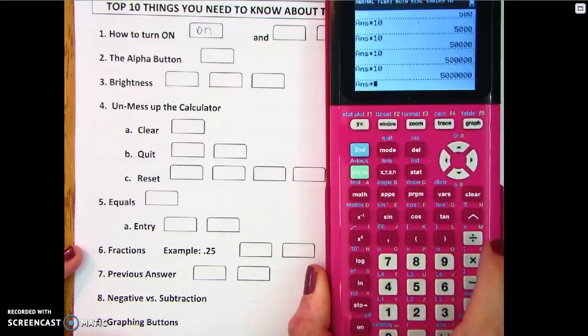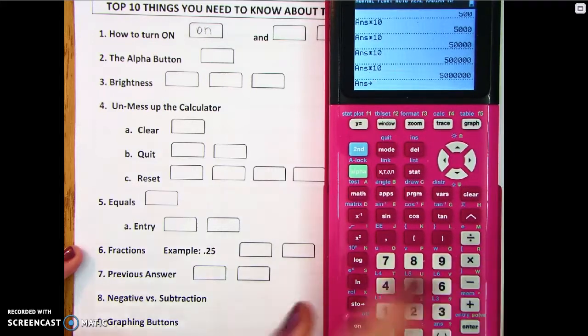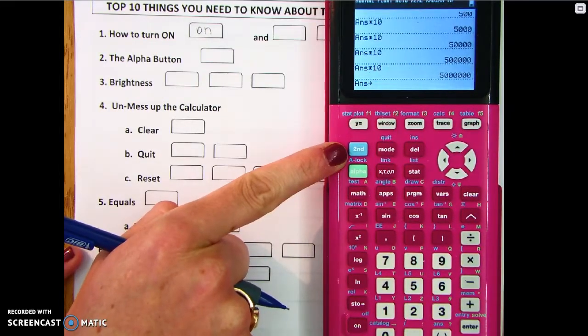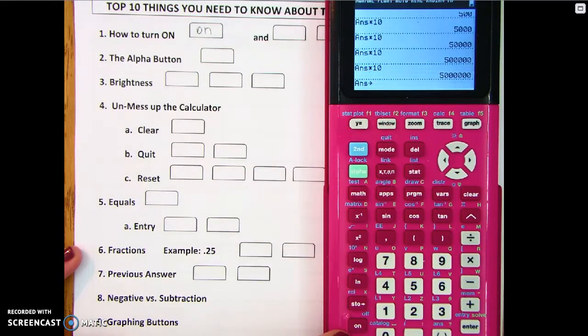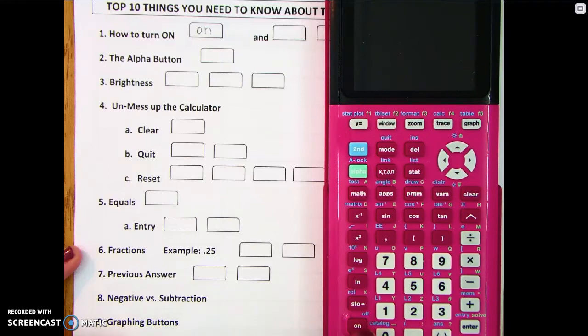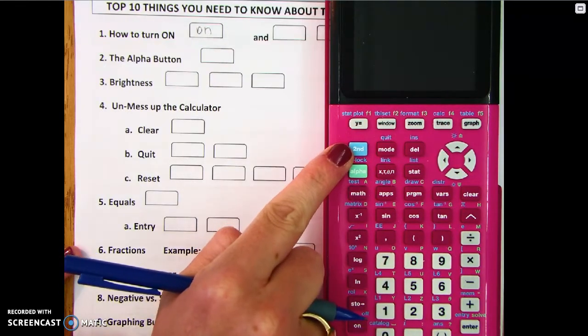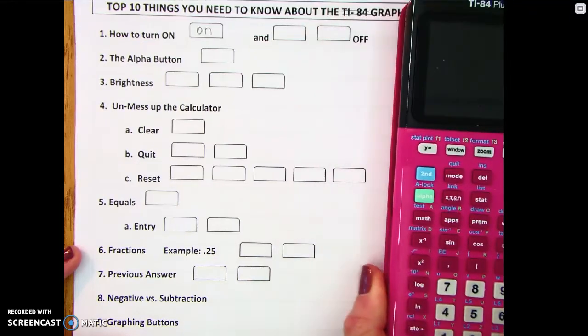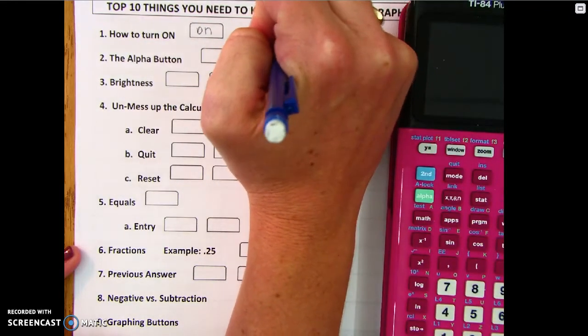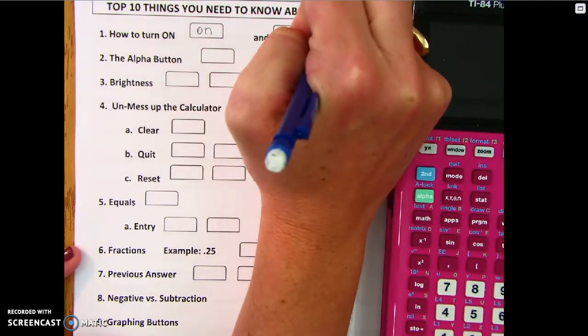To turn off the graphing calculator, you hit the second button, which is this blue button here, and then press the on button again. See how it says off in blue up here? When you hit the second button, that makes all of these other buttons do whatever the function is in blue on top of them. So to turn off the graphing calculator, we hit second off.